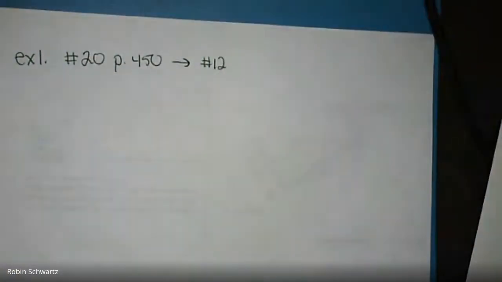And I don't have the book handy, but I have all the information. So I think the easiest way to approach these is to write down all of the values that you're going to need in the plug and chug. So make a list of them.